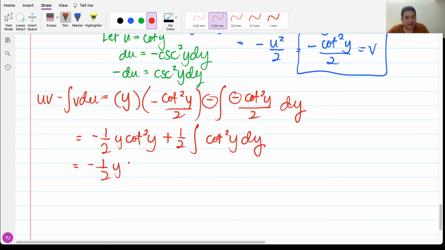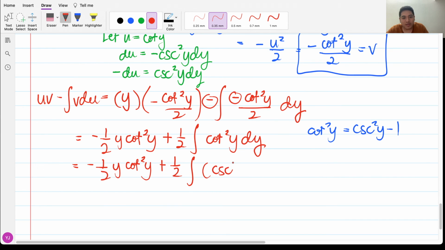Hence, we can use another identity, wherein we know that cotangent squared y is simply equivalent to cosecant squared y minus 1. So that I can have here the integral of cosecant squared y minus 1 dy.